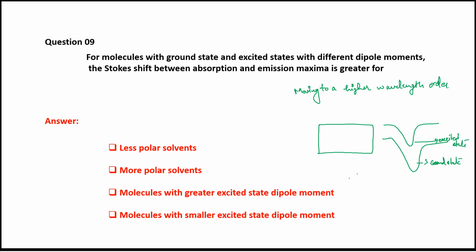Now, for the ground state and excited state, when you talk about the Stokes shift, the excited state, due to the solvent interaction, becomes more polarized, or is more stabilized.